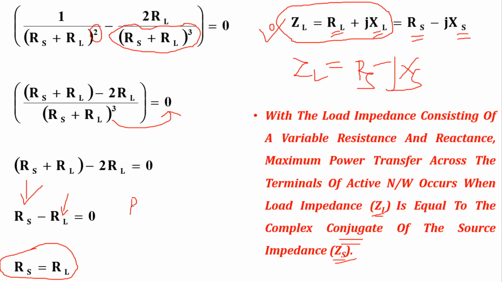That means RL is equal to RS and XL is equal to minus XS. So this is the maximum power transfer condition for variable resistance and variable reactance for the load.